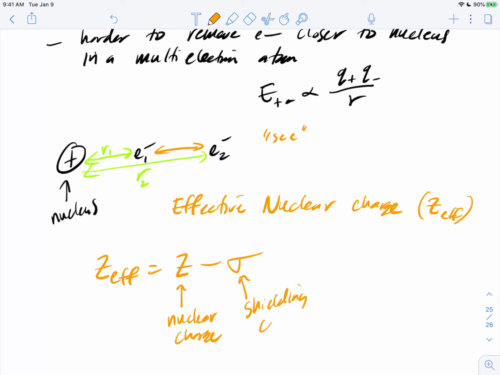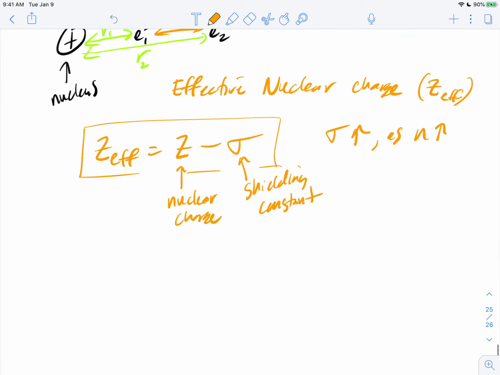This shielding constant is dependent on the number of electrons that are in between the electron you're considering and the nucleus. So this goes up as n increases, because as you go up every n value, your average distance from the nucleus increases.